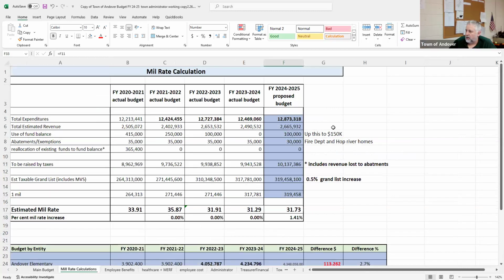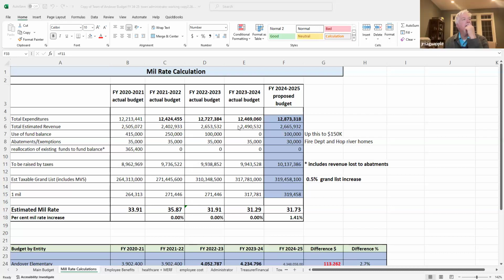You could look at the mill rate calculations. Really, the only thing you vote on is total expenditures. The only other question is how much of fund balance you want to recommend using. I have 100,000, but you could do any number up to 200,000 that you choose.